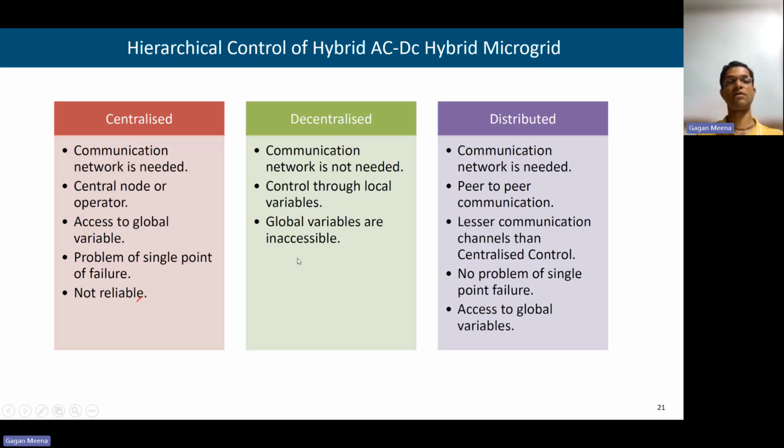In centralized, global variables are visible and a communication network is needed. In decentralized, communication is not needed. In distributed, a communication network is needed, but there is peer-to-peer communication. There are fewer communication channels than centralized control, there is no problem of single point of failure, and we can access all the global variables.